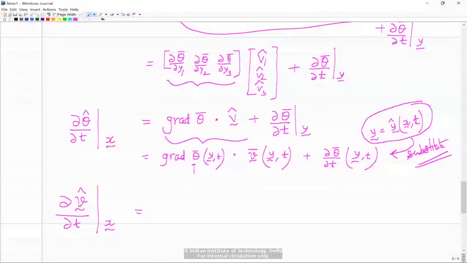So take the gradient of velocity, Eulerian gradient, and then this gets multiplied with velocity itself. Plus del v by del t.